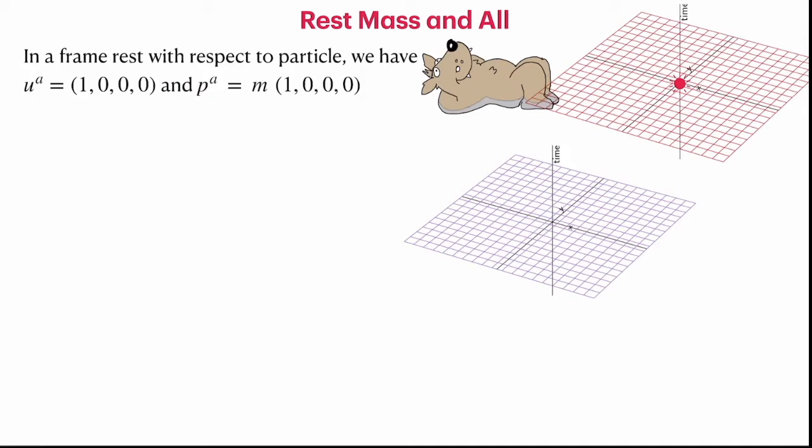That is what we often call the rest frame of the particle, and that will always be moving with the velocity U^A equal to (1, 0, 0, 0).